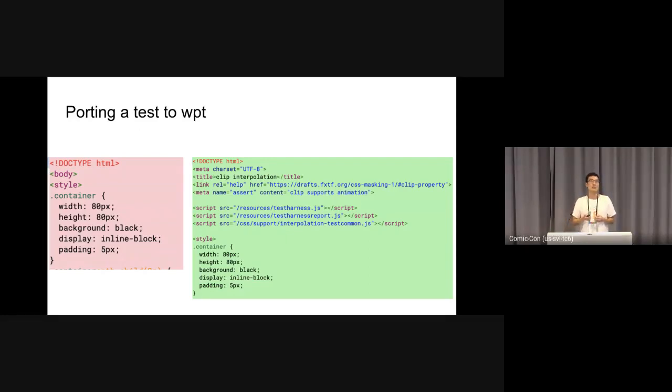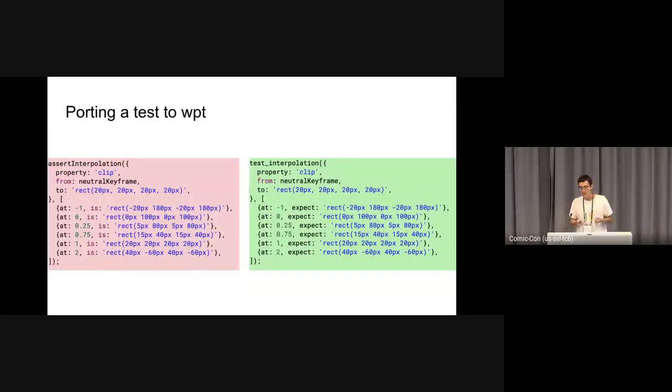So all I did was adding some standard header, for example, a title, a link to the spec, and some of the test harness script, of course. You can see the style isn't changed at all. And then in each test case, what I changed is from the function called assert interpolation, I changed it to test interpolation.